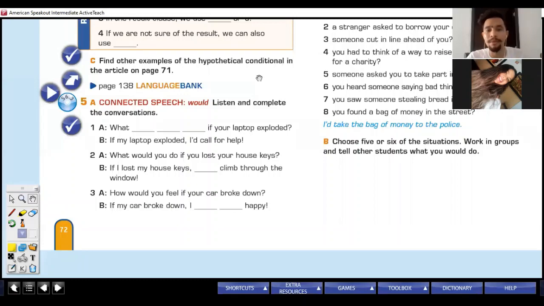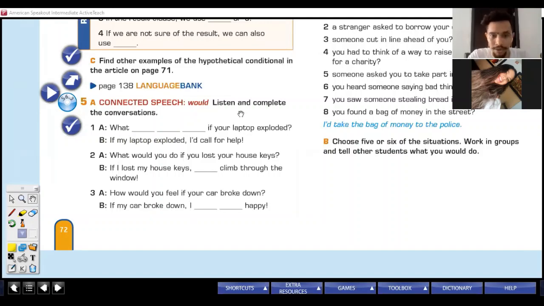We divided them in two, where 0 and 1 were used to talk about reality, and conditional types 2 and 3 were used to talk about imaginations or hypothetical situations.